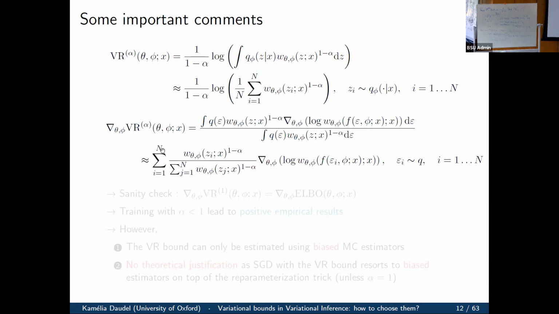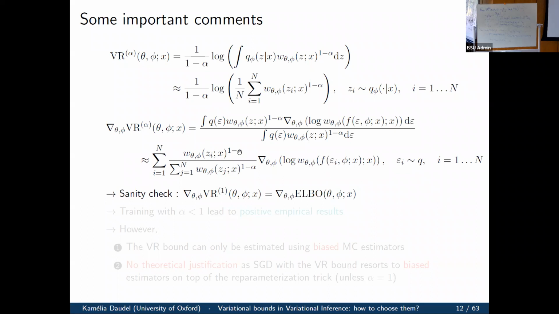The first thing I want to comment on is that I proved in front of you that if I take the limit when alpha goes to 1 in the variational Rényi bound, I recover the evidence lower bound. So a sanity check is to ensure that if I take alpha equal to 1 in the definition of my gradients, I recover the one of the evidence lower bound. You can see it here.